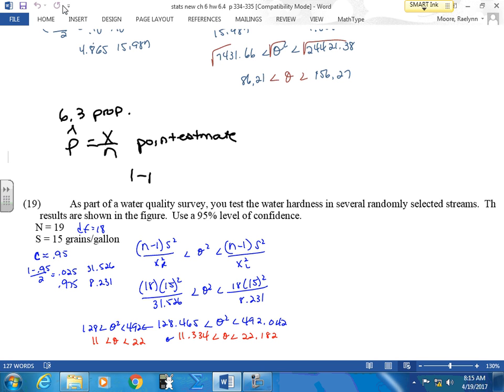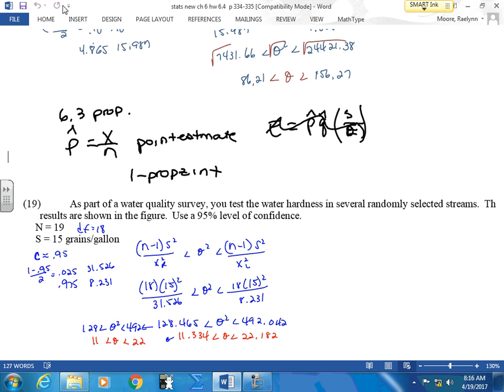It has a 1 proportion Z interval if you're using your calculator. And we had a margin of error formula. Let me just look this back up.